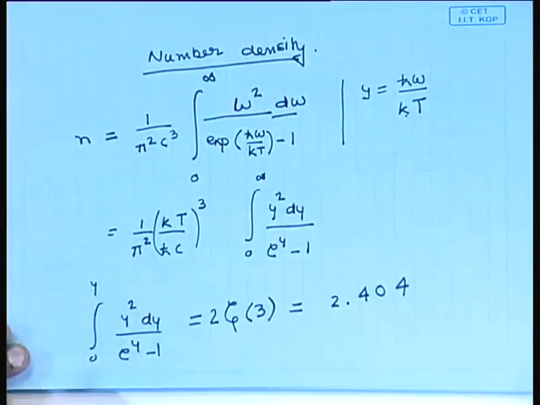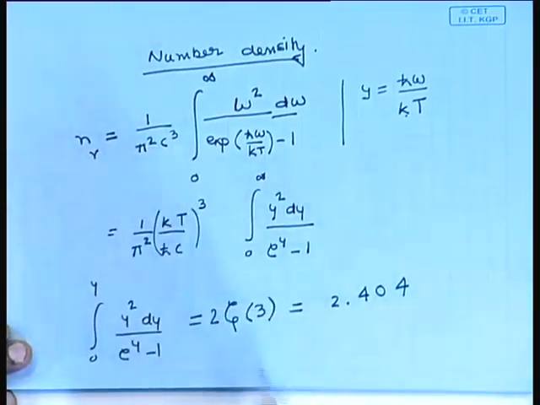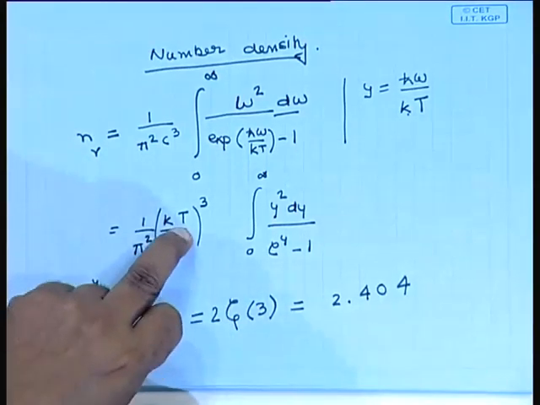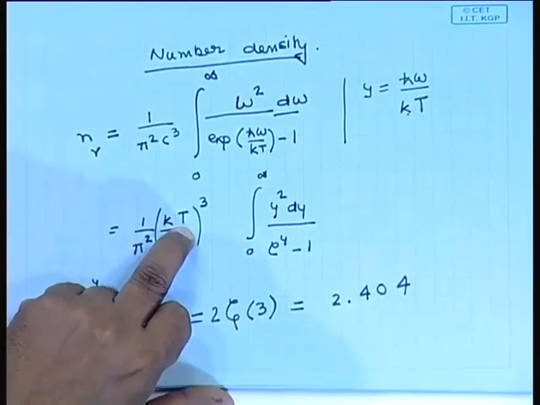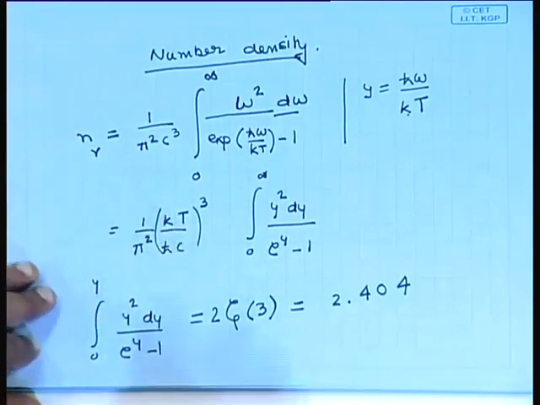The bottom line of all of this is that we are interested in the number density of photons. The energy density scales as T to the power 4, the number density of photons scales as T cube.